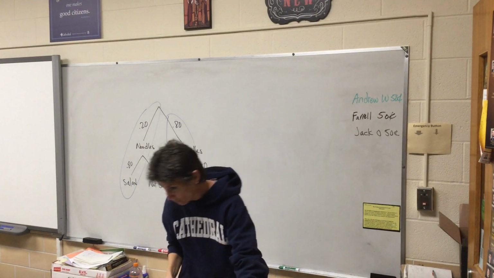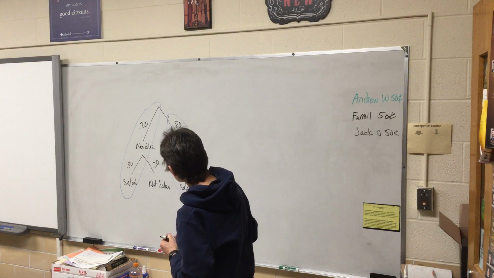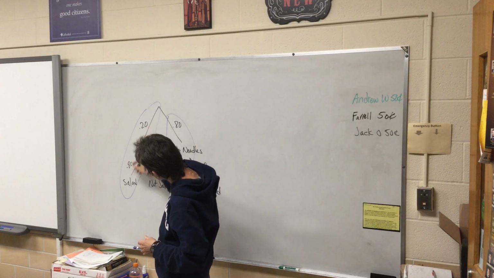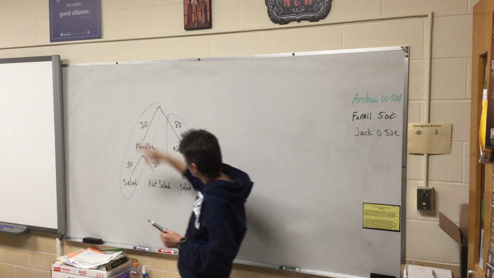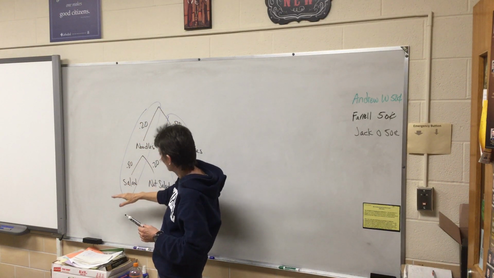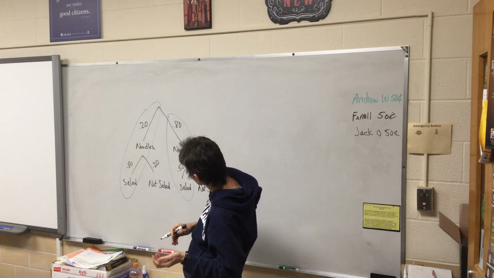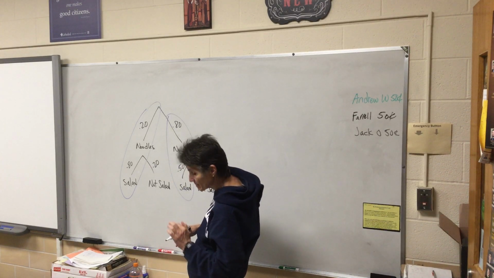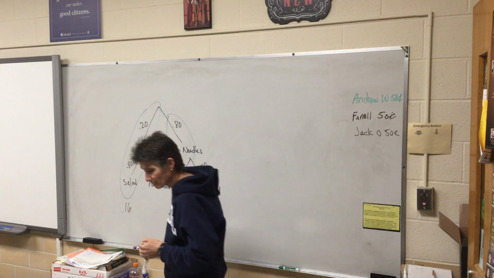We can have it with noodles or we can have it without noodles. So what does that tell you to do with these numbers right here, always on a branch? Multiply. So you're going to take out your calculator or do it in your head and multiply 0.2 times 0.8 and you're going to get 0.16, I think.